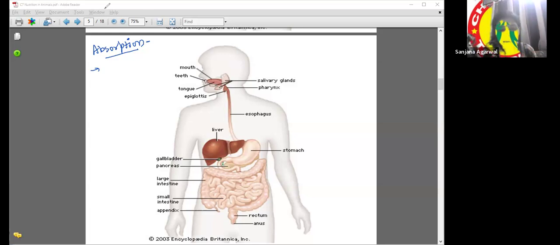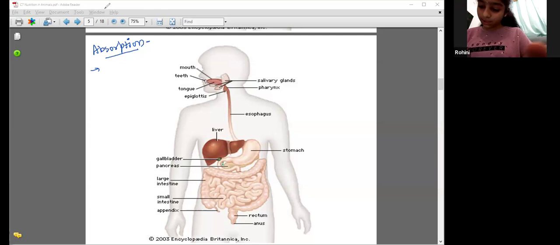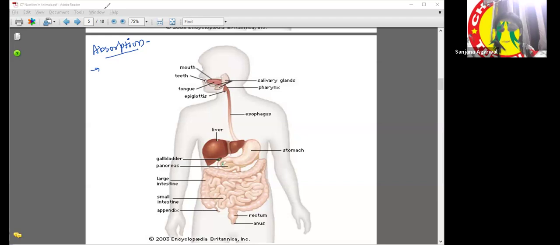Okay. Second point. In birds, absorption takes place in the small intestine. Ma'am, can you tell the last part of the first sentence? After small intestine, where nutrients are absorbed into the bloodstream.